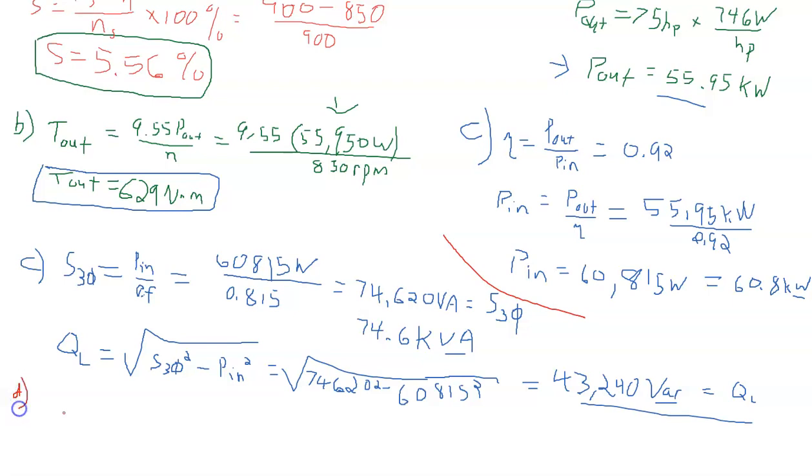Part D now is find the current. Okay, so when you're going to calculate the current, one of the three-phase power equations is where you should start. And so S3 phase, which has one less term, though use P in by all means, is root 3 times V line times I line.